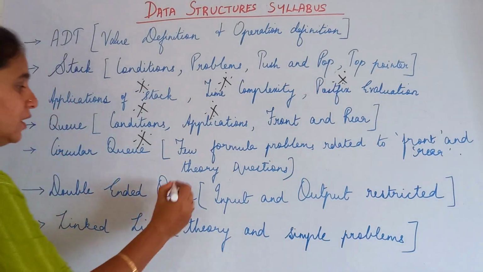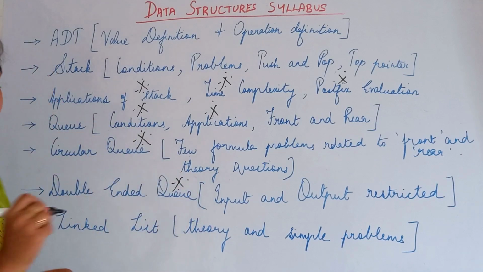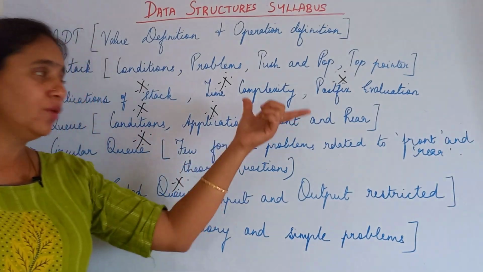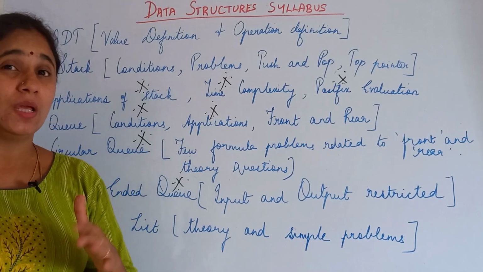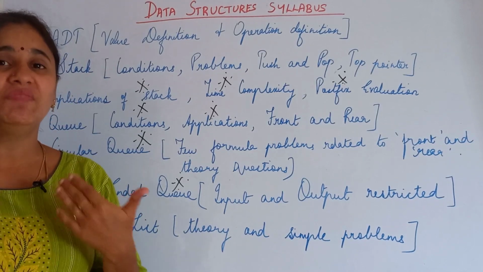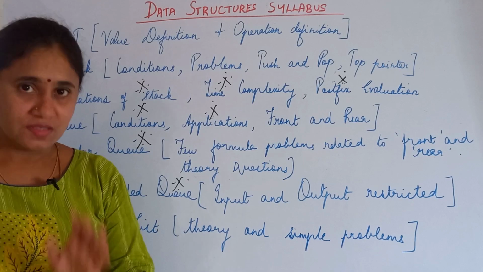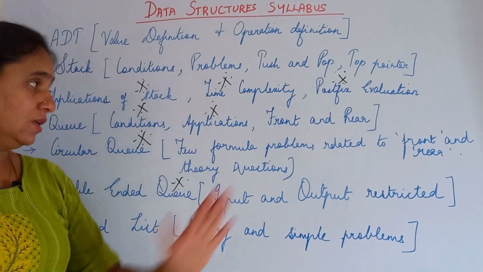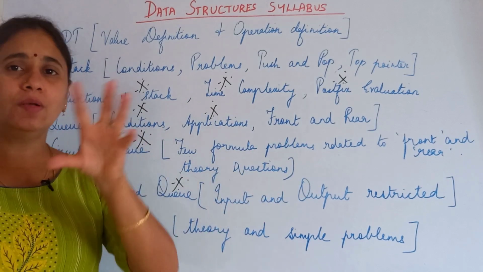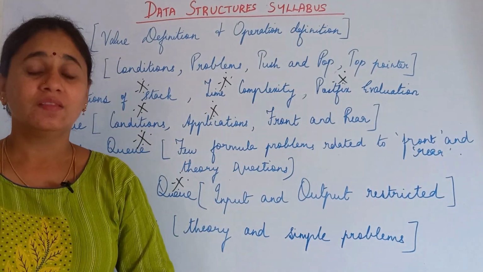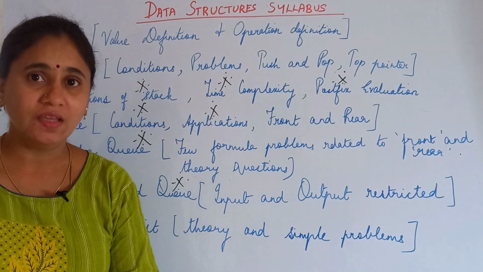Under double-ended queue, friends, I told you, isn't it, we are not going to discuss any algorithmic points which are very vague and which you cannot remember, and you will also feel very confused. For that reason only I listed before the important points which we are going to discuss. That's why I am frequently repeating it to you.